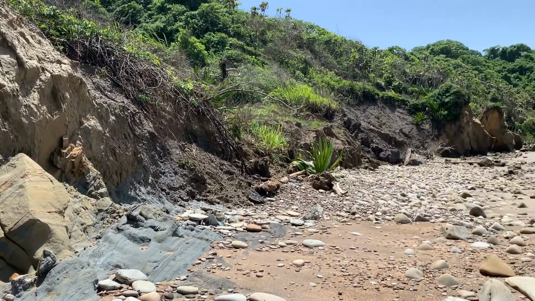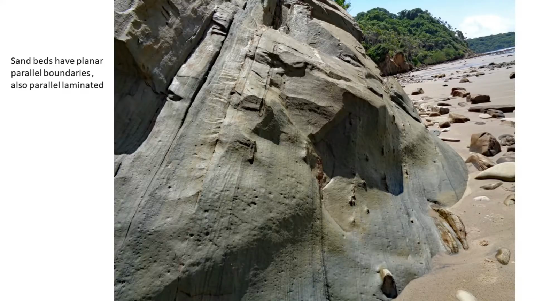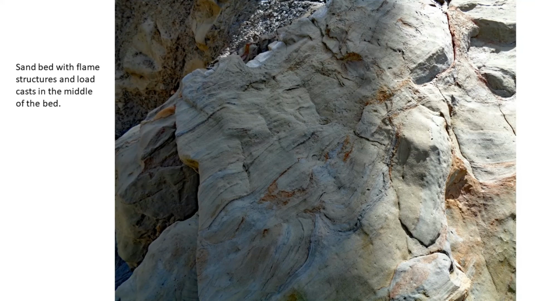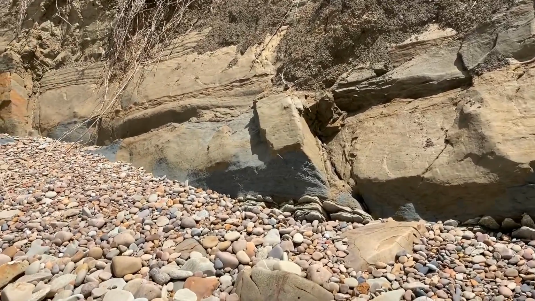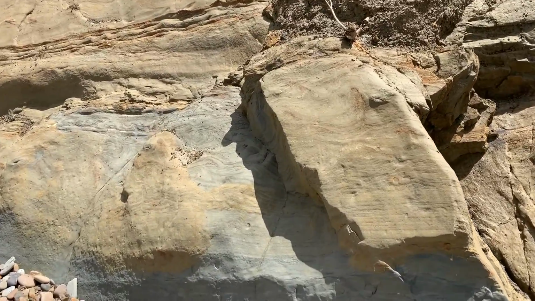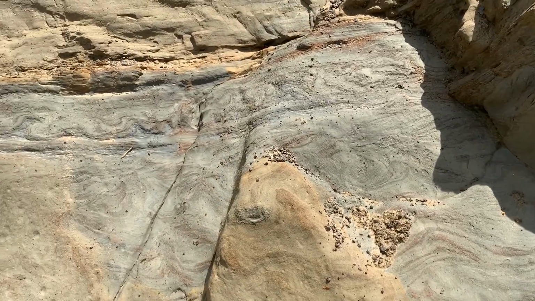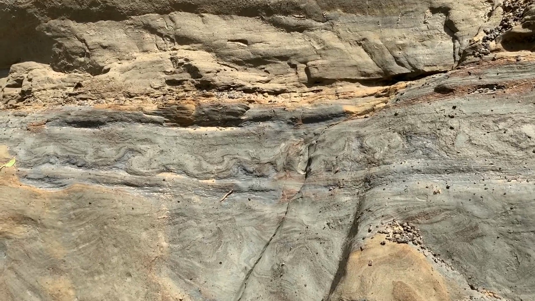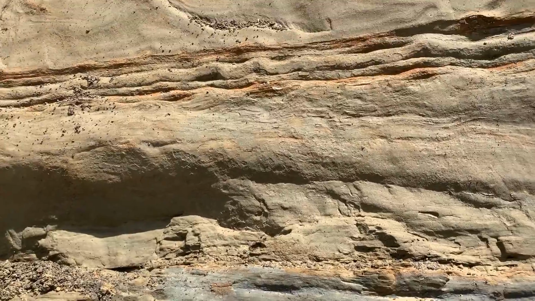We see this sand bed is underlain by a claystone. Then we see some large floating blocks of sand. Here we see sands exhibiting slumping, ball and pillow, and flame structures.